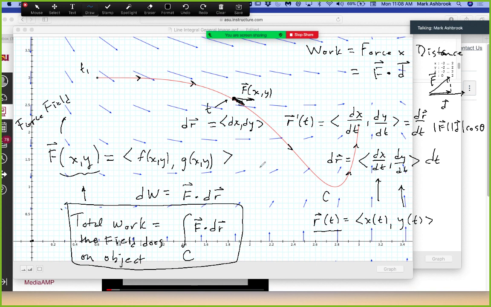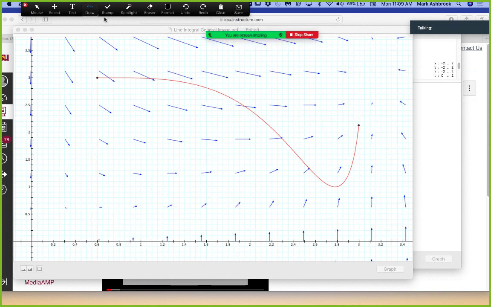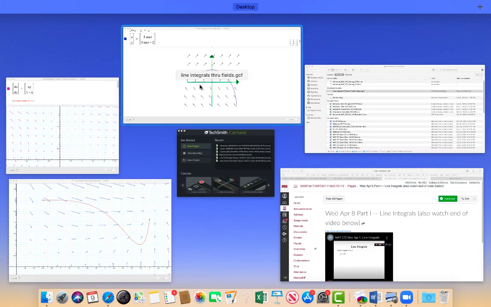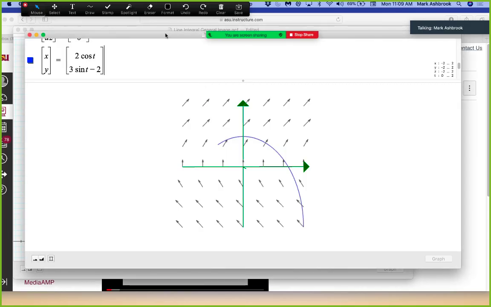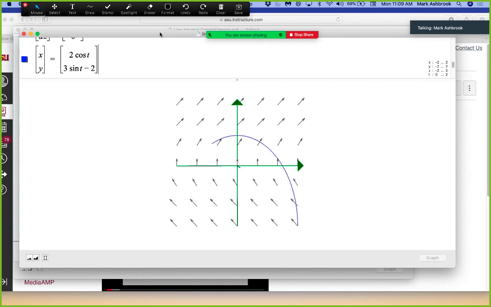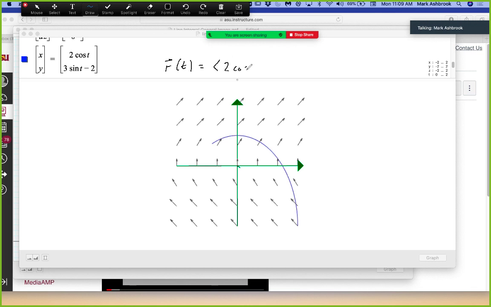Okay, let's look at another visual example, and then we'll do a couple of computing examples. So this is the path r of t equals 2 cosine t, 3 sine t minus 2.